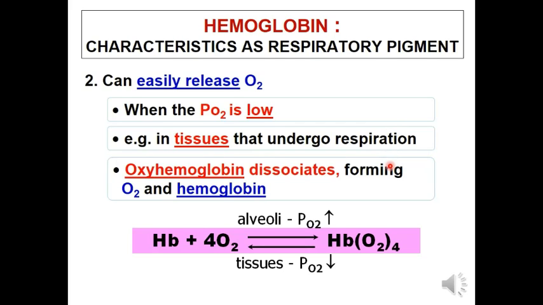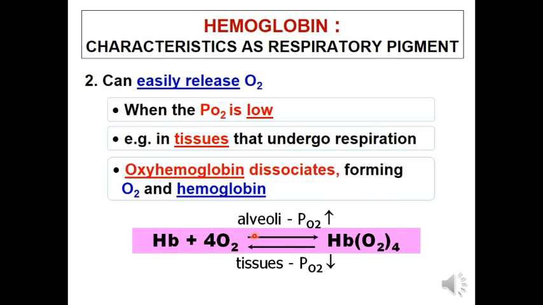These oxygens will be released from the blood capillaries and enter the respiring tissues. Oxyhemoglobin in the blood capillary will dissociate, forming oxygen and hemoglobin. Then oxygen will be transferred to the respiring tissues.